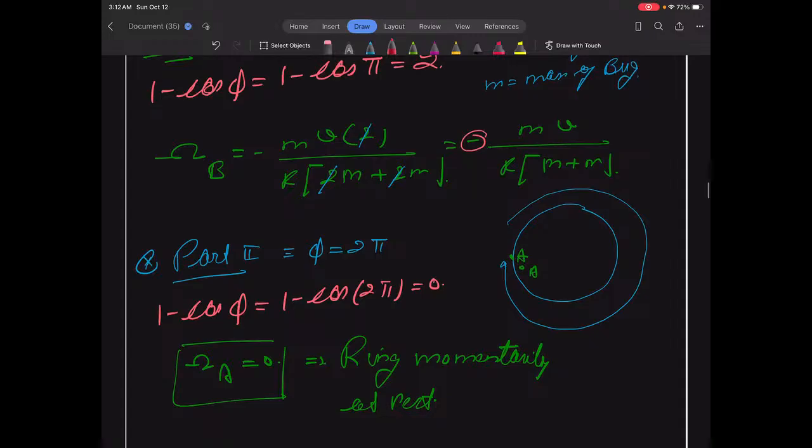So we can say the ring rotates opposite to the bug's motion.